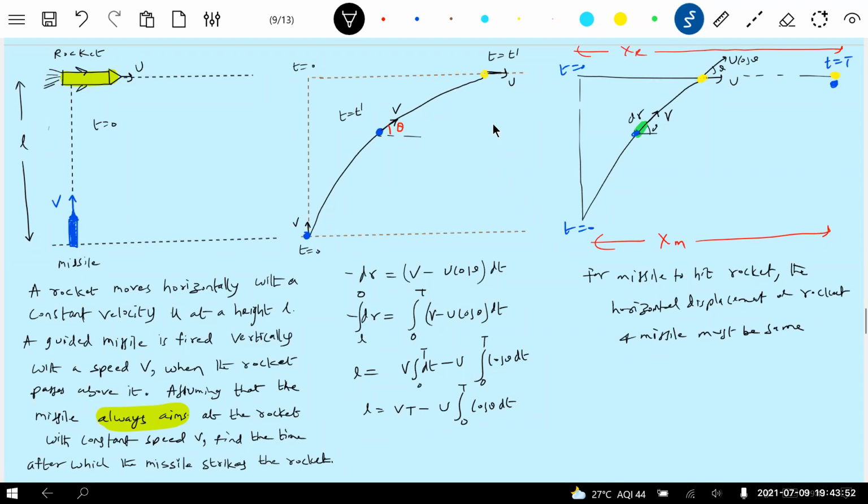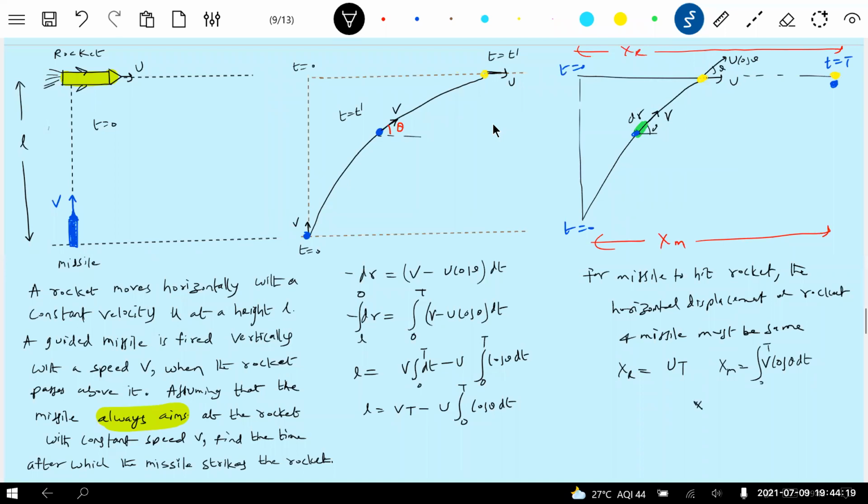Okay, what is the horizontal displacement of the rocket? There is no problem. Very easily we can find out what XR is. XR should be equal to u into t. What about XM, that of the missile? XM should be equal to the integral of V cos theta dt.